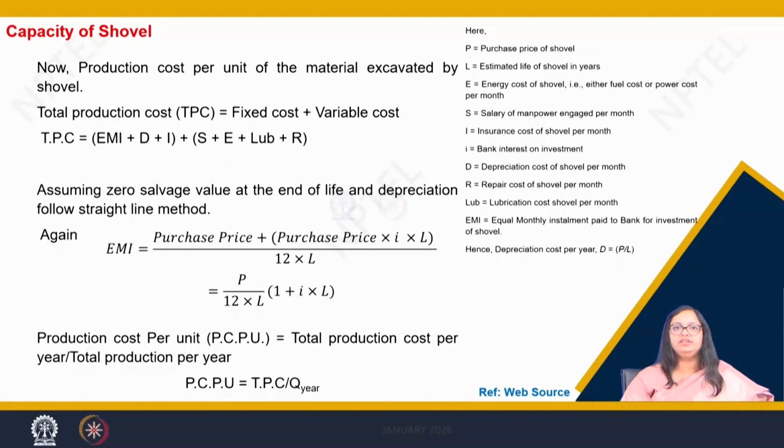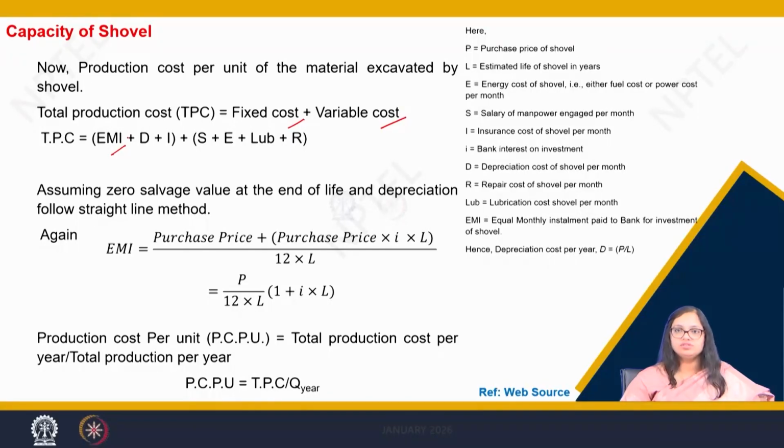Now, how do we find the production cost per unit of material excavated by the shovel? So, there we find the total production cost, that is the fixed cost plus the variable cost. When we talk about this fixed cost, it accounts for the EMI that is given while we have purchased this shovel.